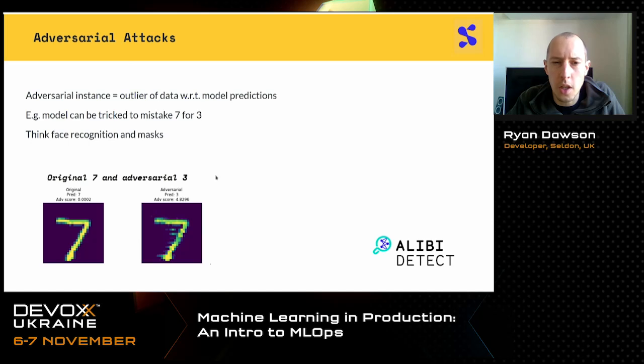This illustration shows a model being tricked to think 7 is a 3 by producing a 7 with a small line in the middle, a kind of line that looks a bit like the line that the 3 has. This sort of thing is a big problem in high security situations, and there are analogous attacks that have appeared for other use cases. Part of what's going on here is that somebody has manufactured data that isn't quite like the training data set. So there are ways to create detectors for that.